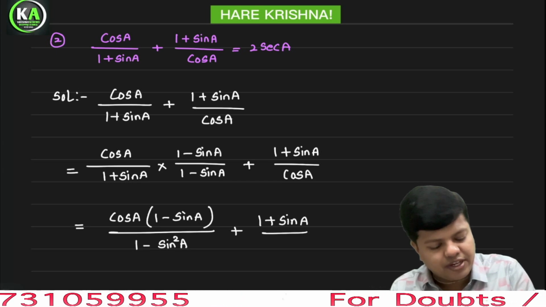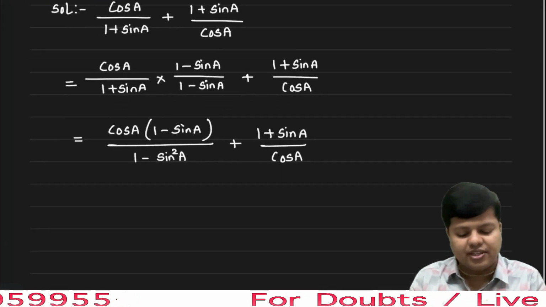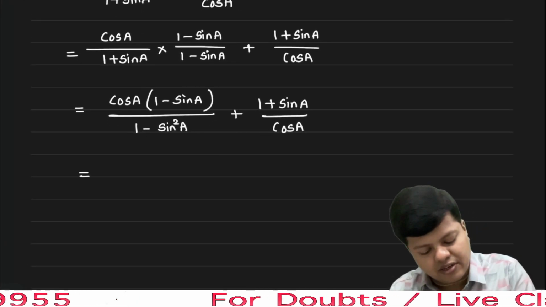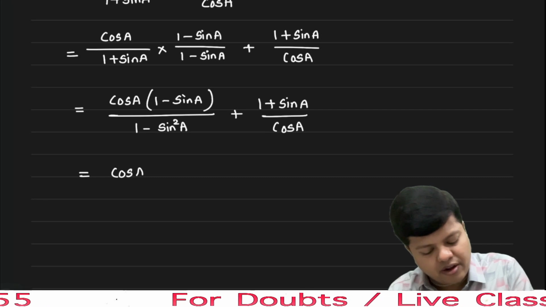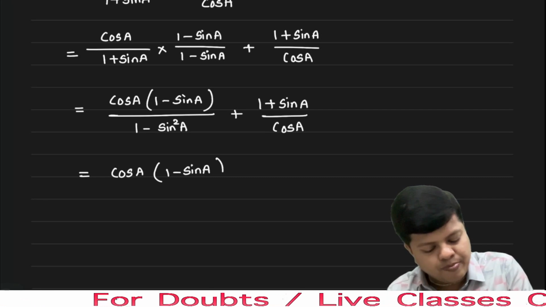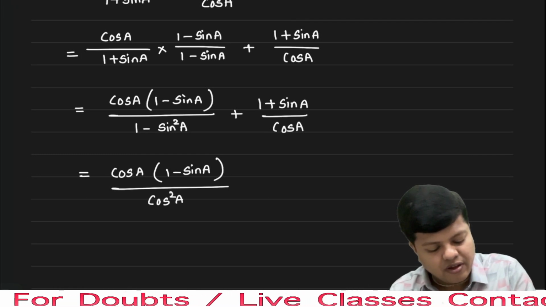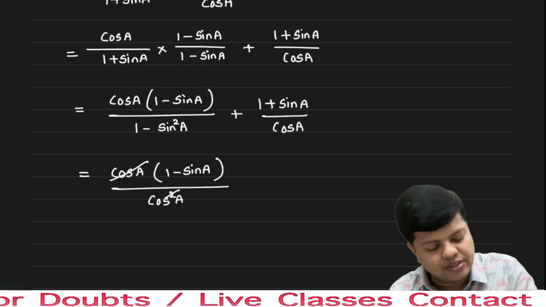Second part we are not changing, only we are writing as it is. First part we did rationalizing. Okay, sir. Cos A into 1 minus sin A by 1 minus sin square A, we can write as cos square A. So 1 cos A cancels.